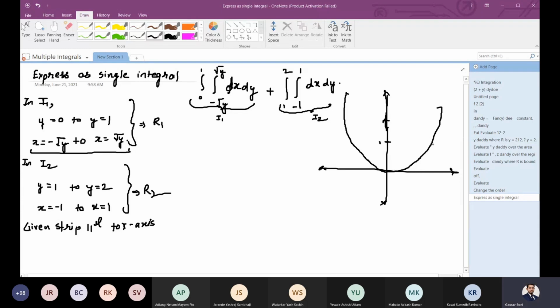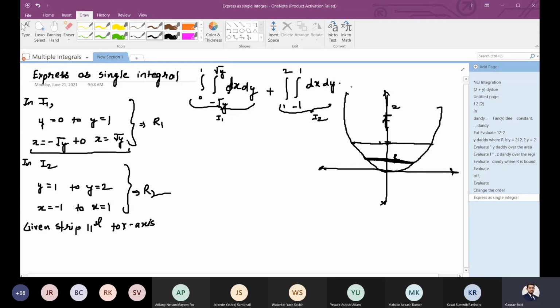This is your R1 region. We can see that both the conditions are satisfied. In the horizontal strip, the strip is from this end to this end. Then in I2, from y equal to 1 to y equal to 2. This is y equal to 2. The x is running from x equal to minus 1 to x equal to plus 1.